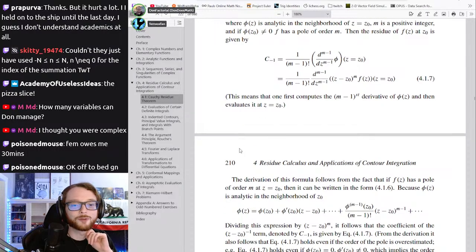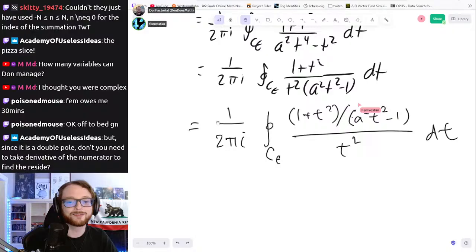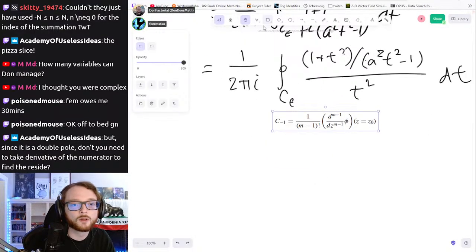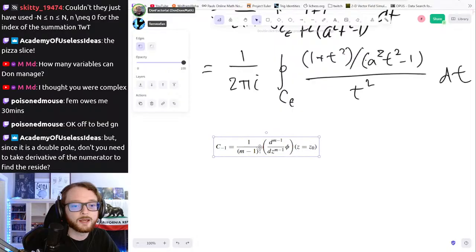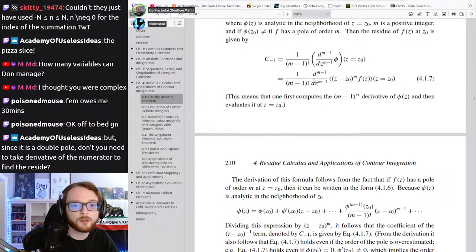I want to try applying the formula he gives and see if it agrees, I guess. Which formula? Yeah, we should try a formula. I'll take a screenshot of it and bring it in. Oh, 4.1.7. Yeah, because phi is probably the numerator of what you wrote.